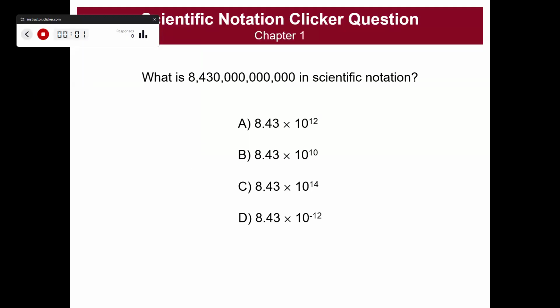So feel free to write it down. I think that's not a bad idea. What is that number in scientific notation? Feel free to talk to your neighbors, check your answer.